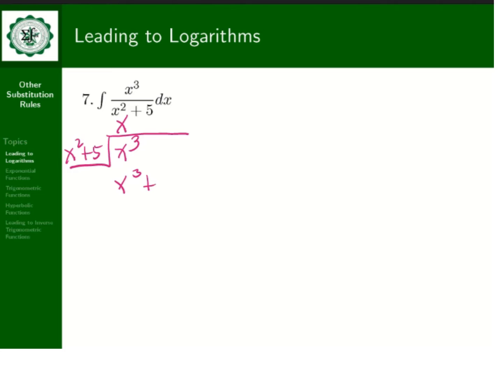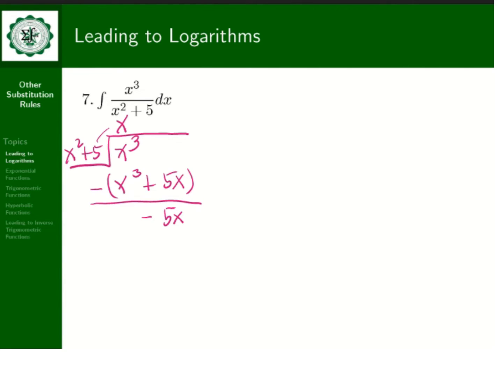And then we also multiply x by 5, so we get positive 5x. And then we subtract this from our dividend. So we have x cubed minus x cubed is 0, and then we bring down negative 5x. Now, since negative 5x has a degree that is already smaller than that of our divisor, x squared plus 5, this is already our remainder.